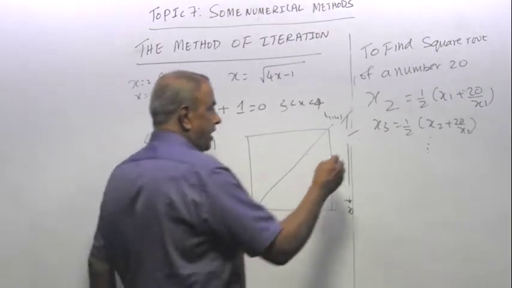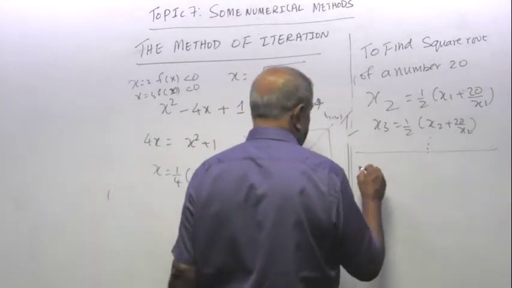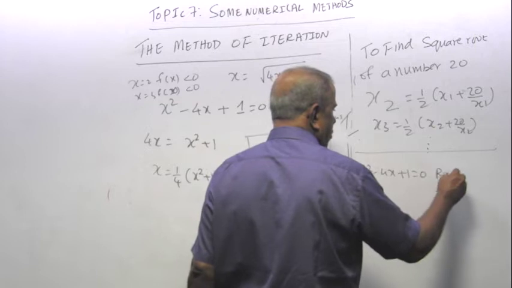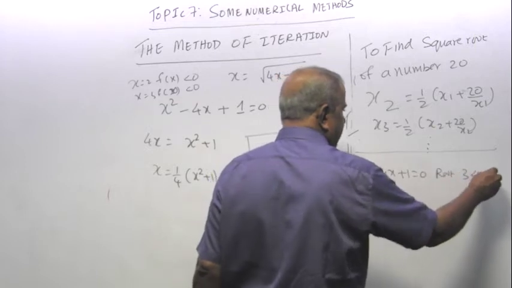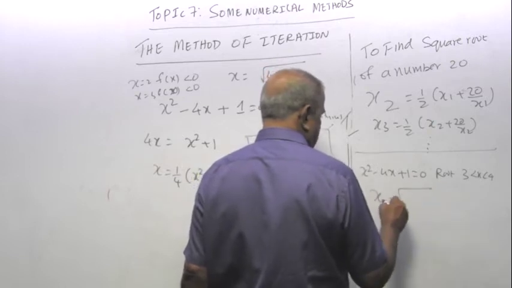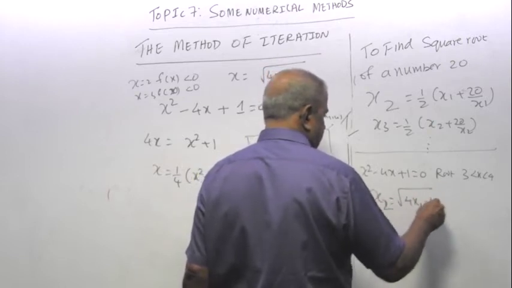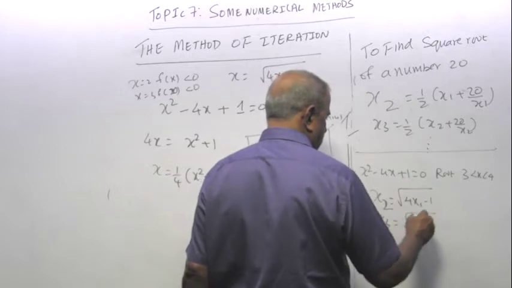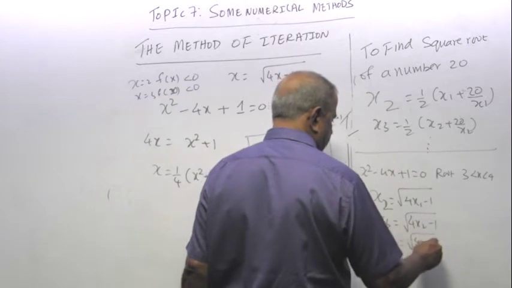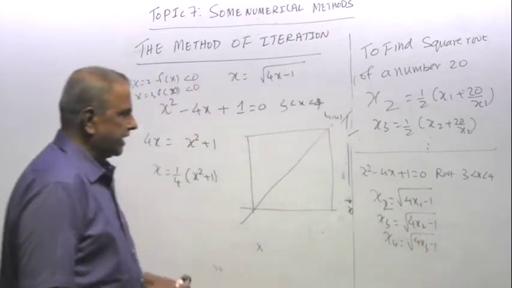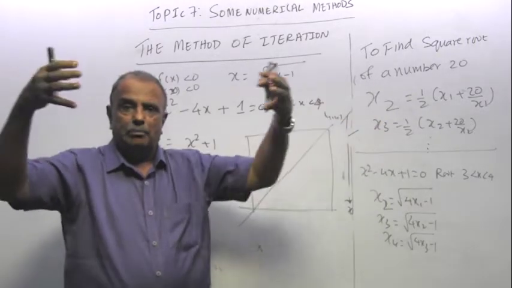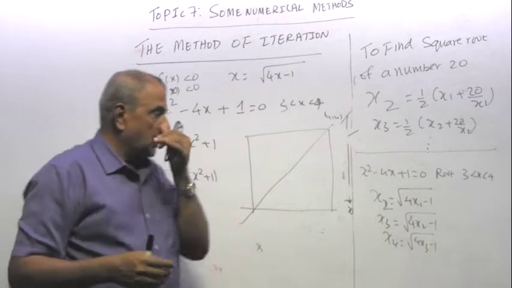In other words, for the equation x squared minus 4x plus 1 equal to 0, the root in the interval 3 less than x less than 4, I took x2 equal to root of 4x1 minus 1, x3 equal to root of 4x2 minus 1, x4 equal to root of 4x3 minus 1, and I showed you, irrespective of what your x1 is, the particular method gives you the root.